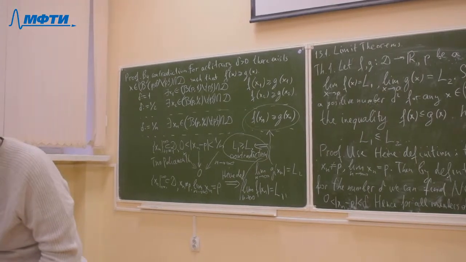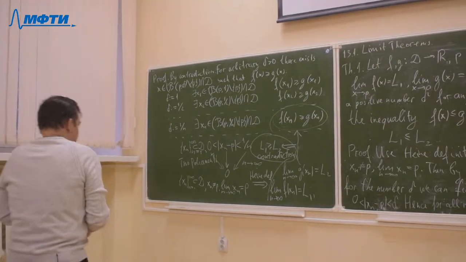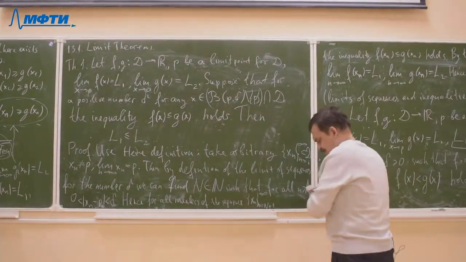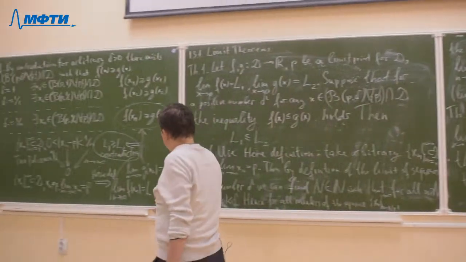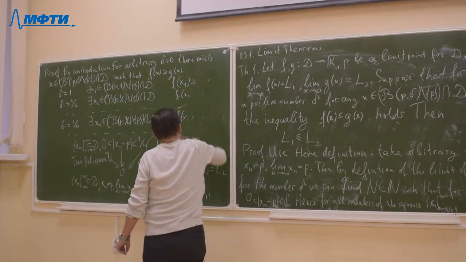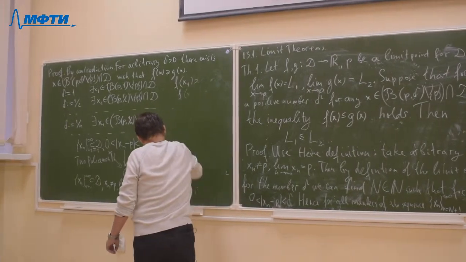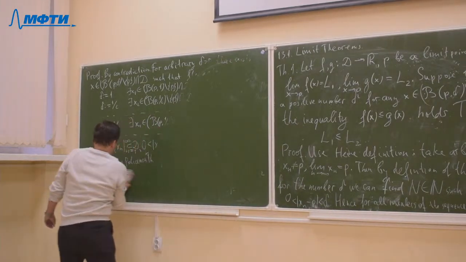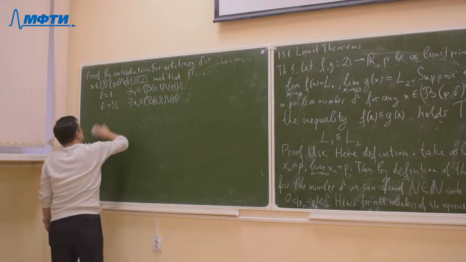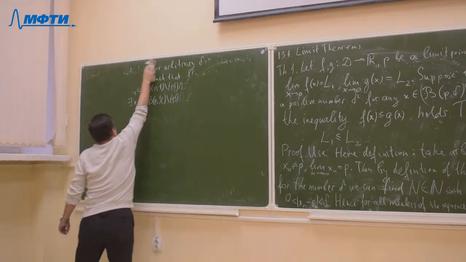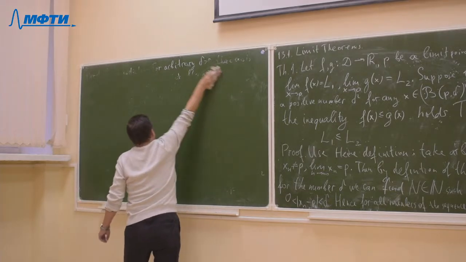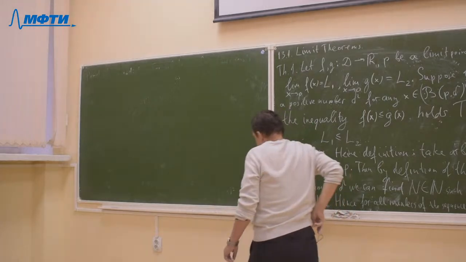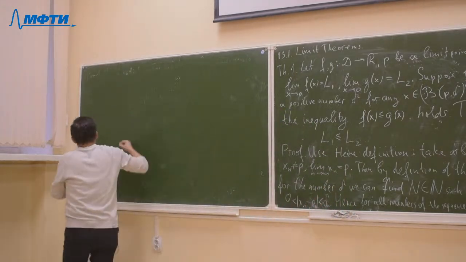Now, we consider arithmetical properties of the limit. And we need a formal definition of arithmetic operations with functions. Of course, it's quite trivial, but let it be.